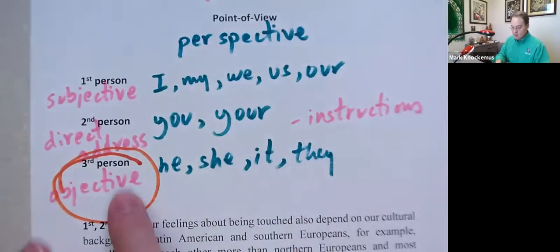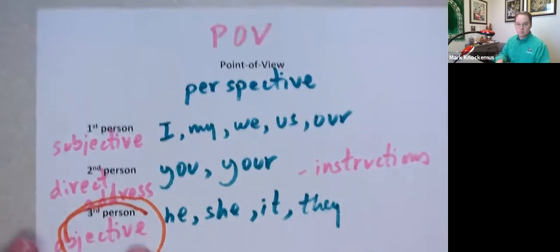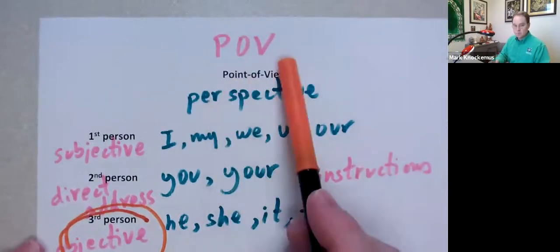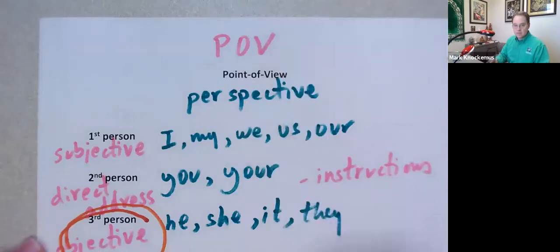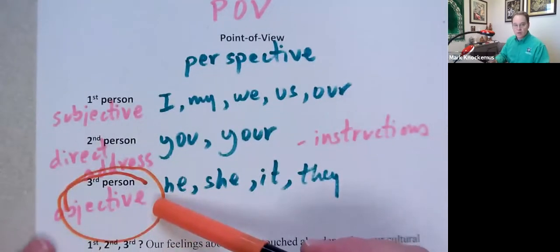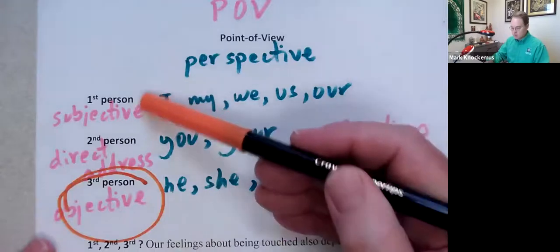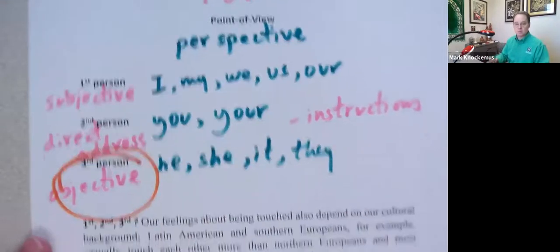With that said, third person is the default. All of your writing moving forward should be in the third person. Again, if you see POV, that's the editing symbol that you've made a slip up. You did not write in third person, but instead you wrote in first or second person.